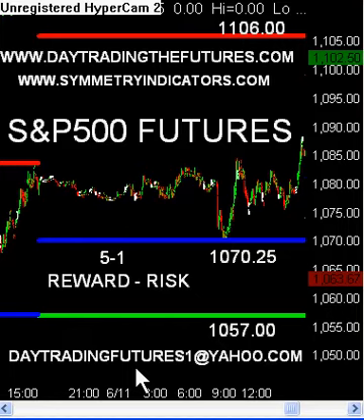I have found the formula where the institutions and the hedge funds trade at certain levels in the market daily. I have monthly resistance, weekly resistance, and daily resistance that these institutions and hedge funds will really come off hard off, and it gives us traders the opportunity to get in at these levels with a huge reward to risk ratio. I know the exact levels they look at every single day.